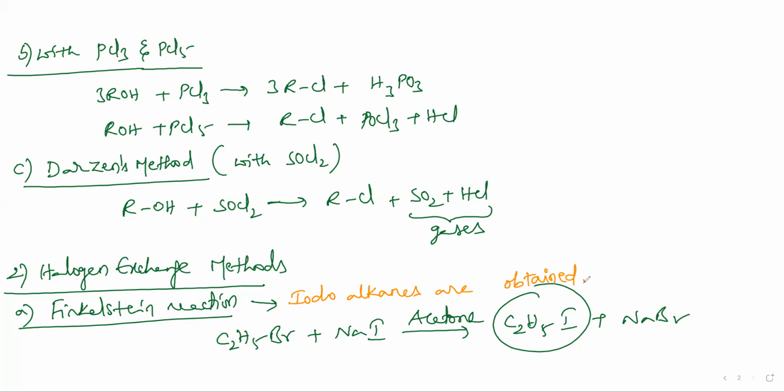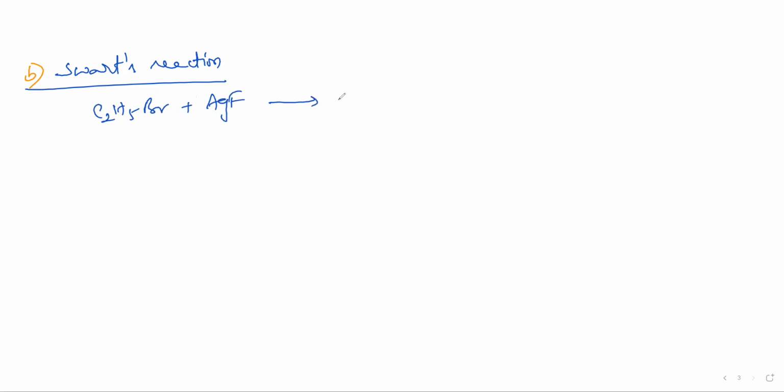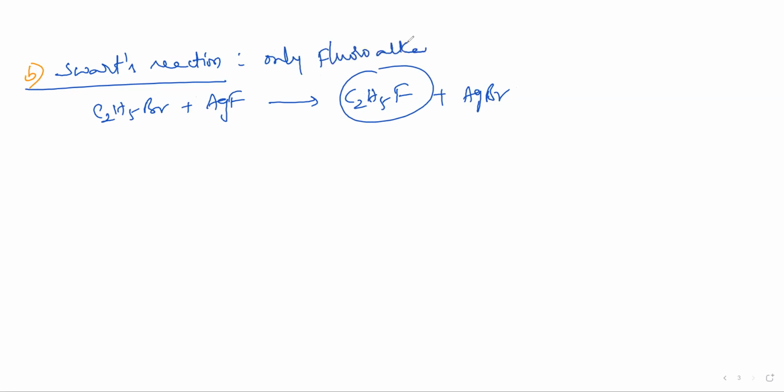Next, Swarts reaction. AgF, C2H5F plus. So here fluoroalkanes are obtained. In Swarts reaction, you will get only fluoroalkanes.